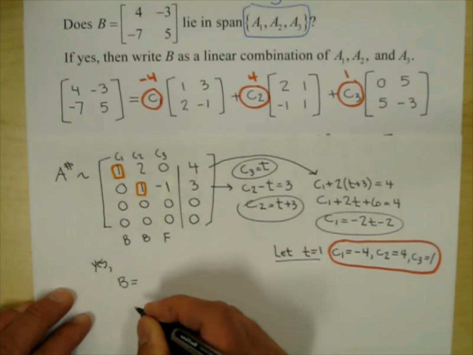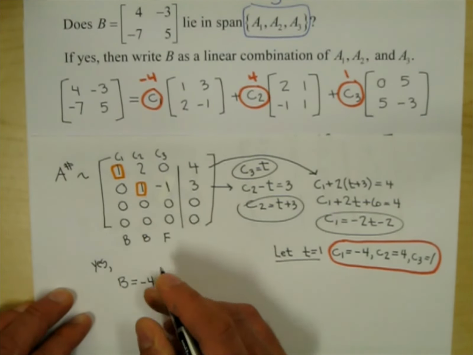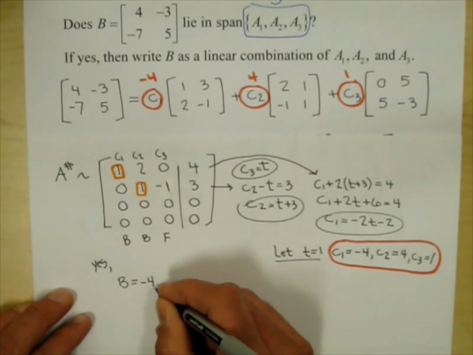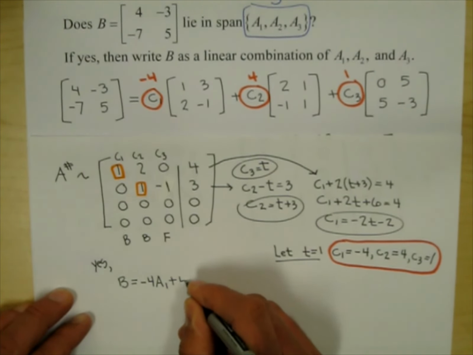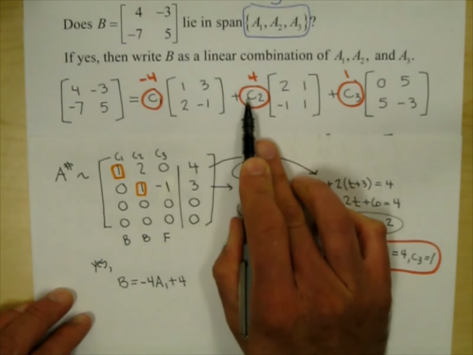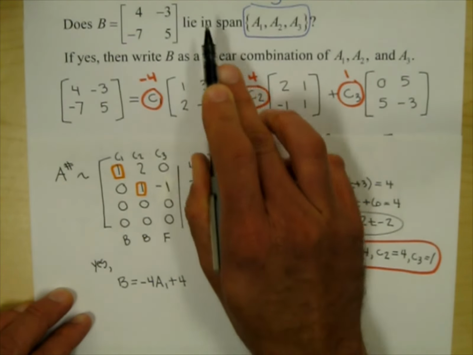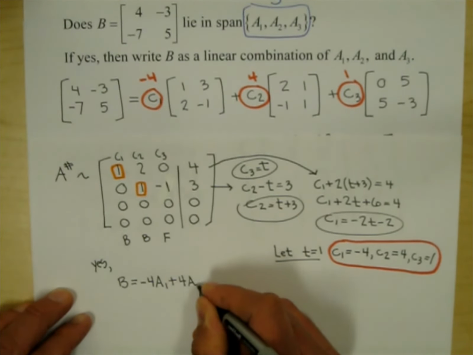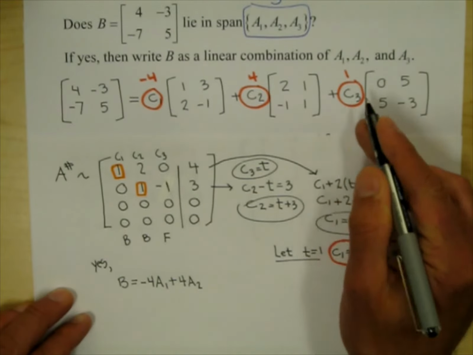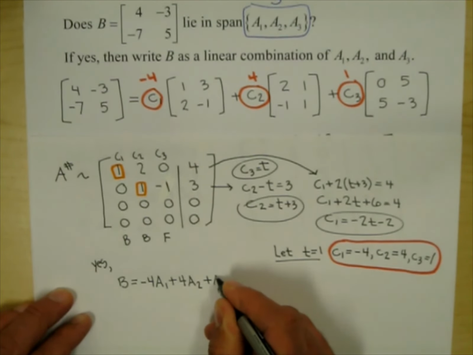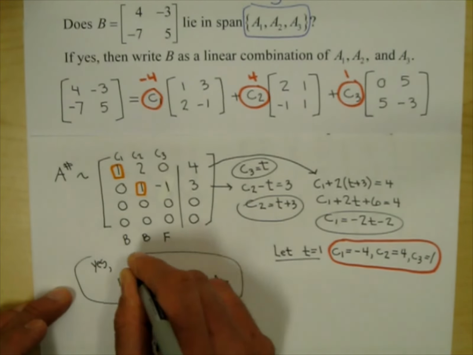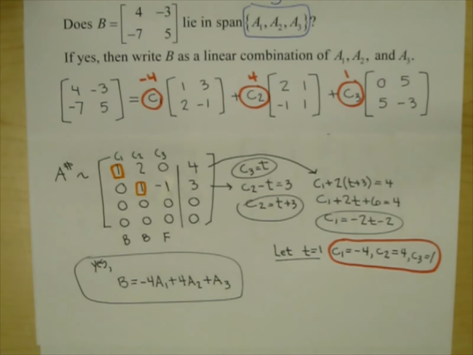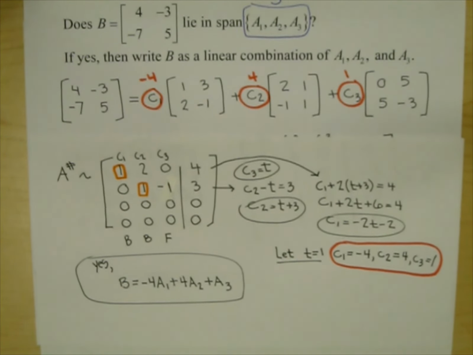B equals -4 times this guy, which was A1, plus 4, this is A2, plus 1, A3, and I'm not going to write the 1 there. So there's the answer. This is great. There's infinitely many solutions.